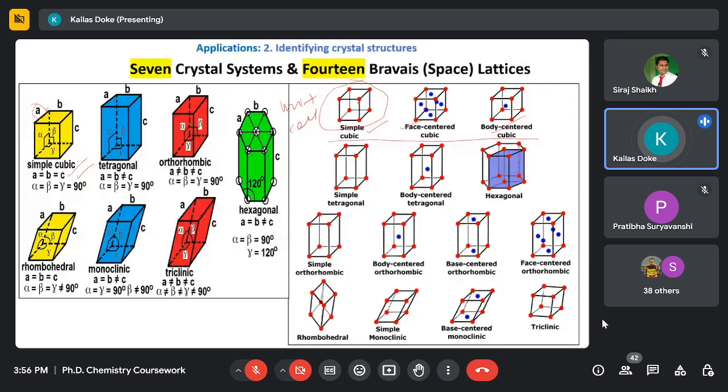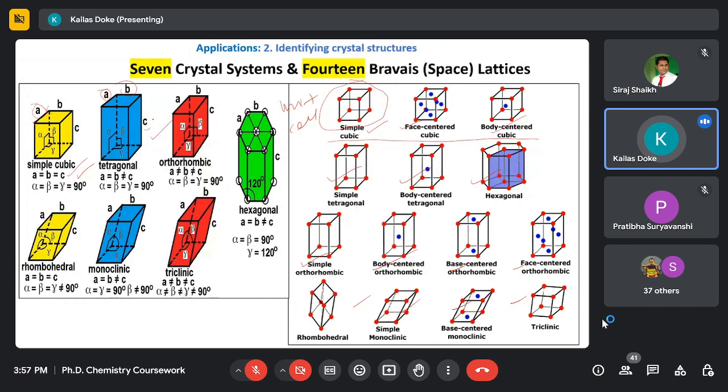If we have a powder sample and we get the XRD, and XRD shows a number of sharp peaks, definitely it is a crystalline material. So we have to identify what kind of crystal system it is, whether tetragonal, simple cubic or face-centered cubic, body-centered tetragonal or monoclinic or triclinic, what type of lattice, the lengths of A, B, C, and the angles alpha, beta, gamma.